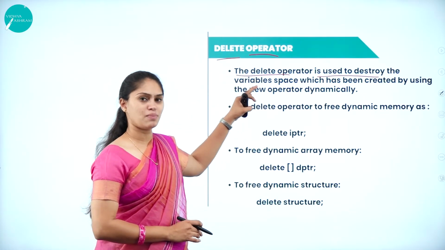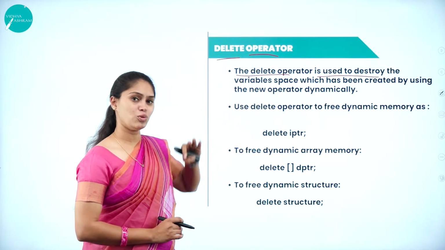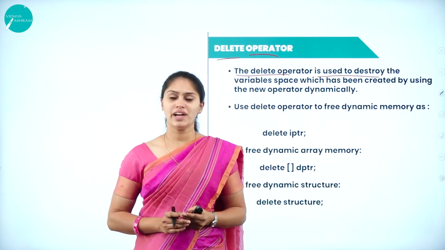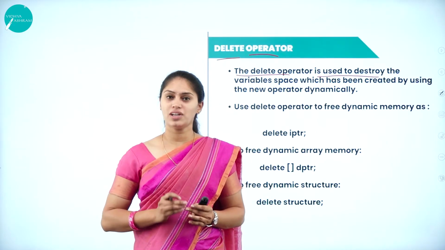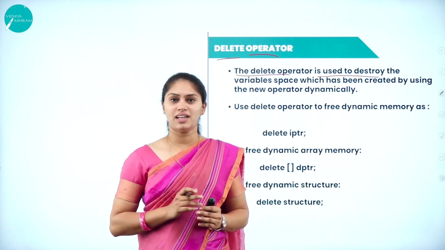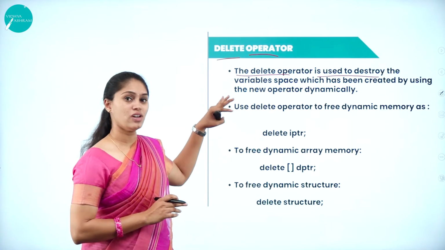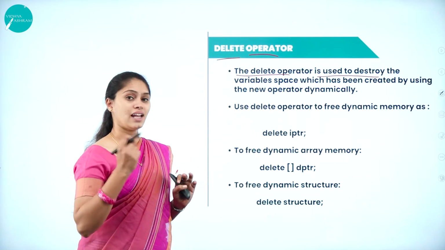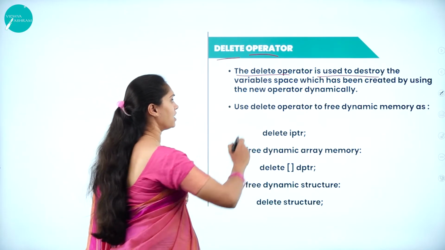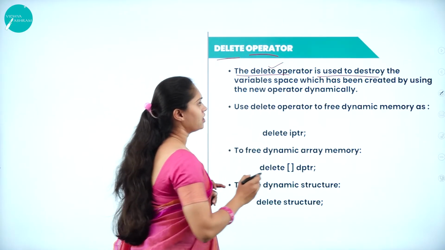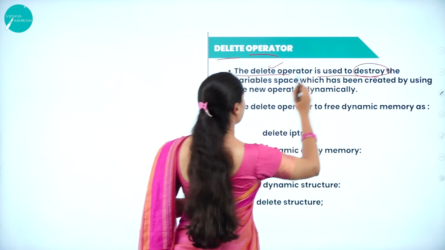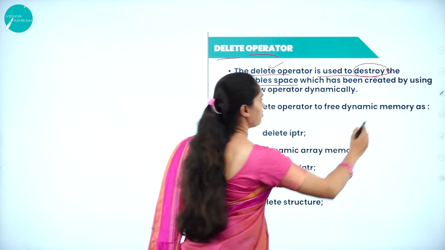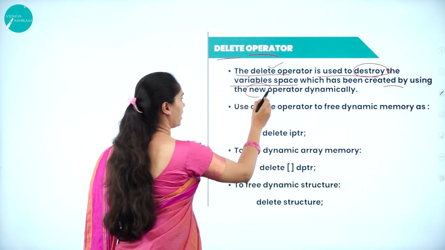When will it take place? It will take place during the program execution, or at the time of runtime. That means it is going to destroy or deallocate the memory space of a variable dynamically. So here you can see that this delete operator is mainly used to destroy the variable space which has been created with the help of the new operator.